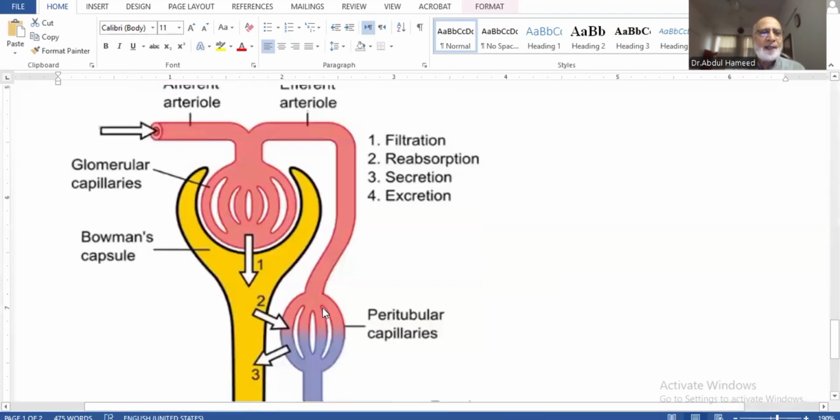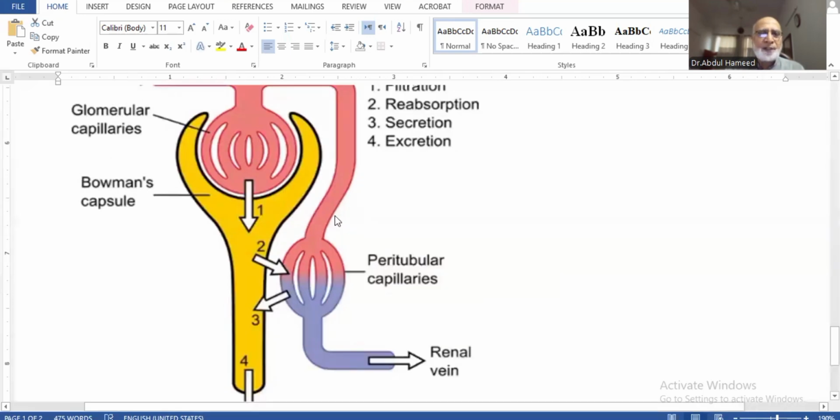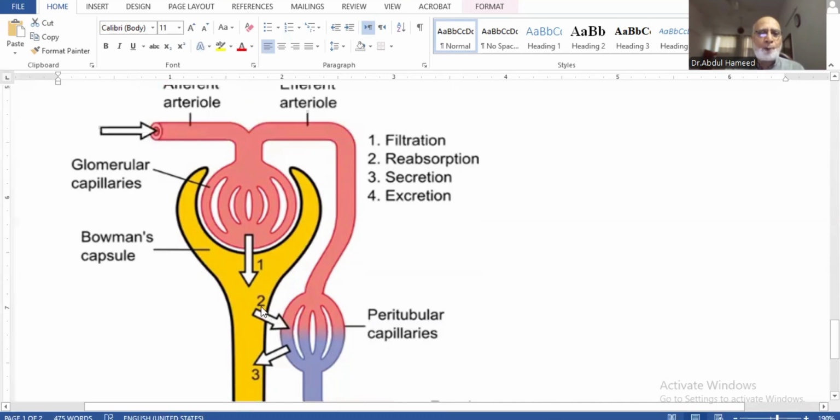So in case of function, when we compare the functions, the glomerular capillaries are responsible for filtration, number one. Number two, the function of the peritubular capillaries is to reabsorb the useful materials from the filtrate present in the nephron tubule, maybe the proximal tubule, the loop of Henle, or the distal convoluted tubule.